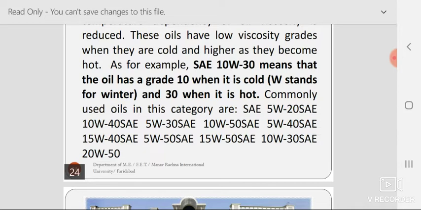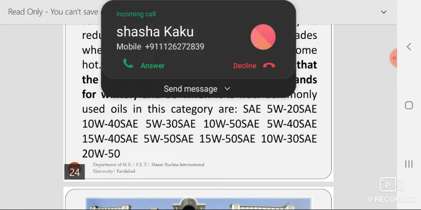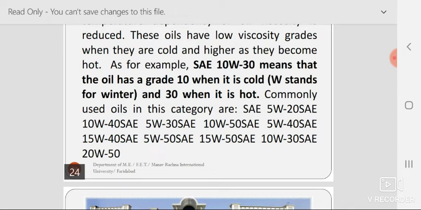And 20 means it is working in summer at 20, that is high viscosity. In summer, high viscosity doesn't matter, but in winter, high viscosity does matter. That means the same oil can have two different grades depending on the temperature.